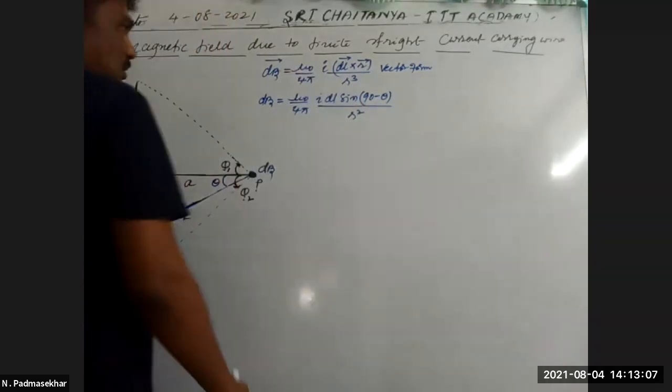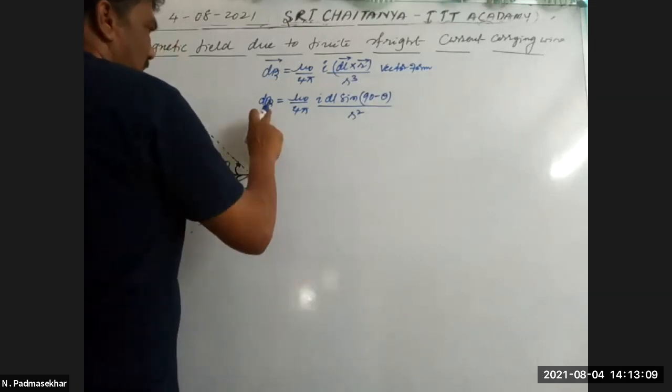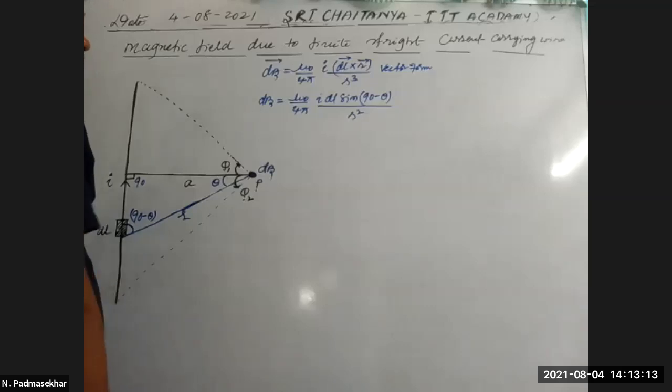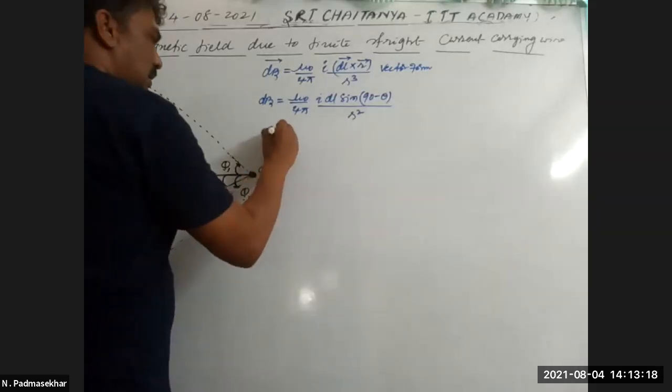This is the magnetic field due to this current carrying element at this point. Sin of 90 minus theta is cos theta.